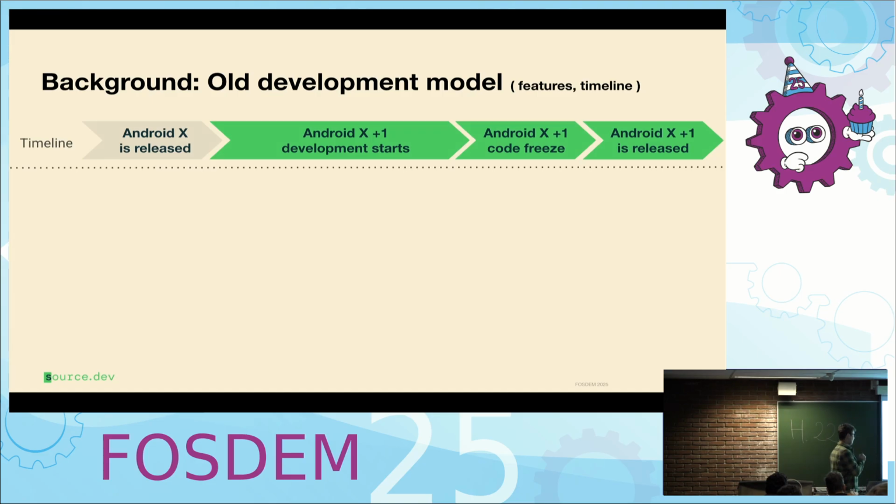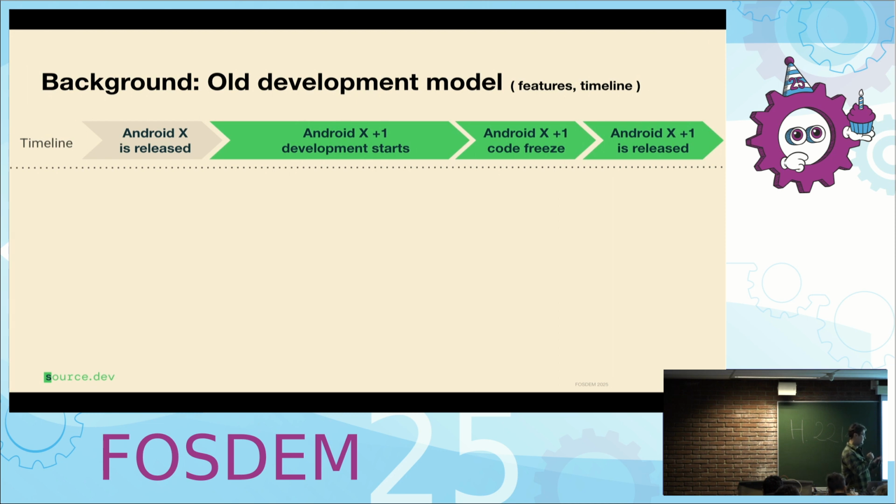So if you look at it from a timeline perspective, the old development model kind of looked like this. You had an Android version being released. Then soon after that Android version would be released, or actually internally even before the Android version would get publicly released, we would start working on the next Android version.